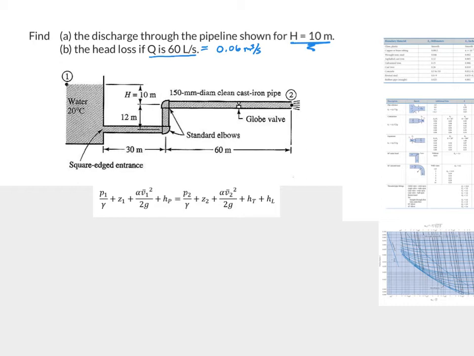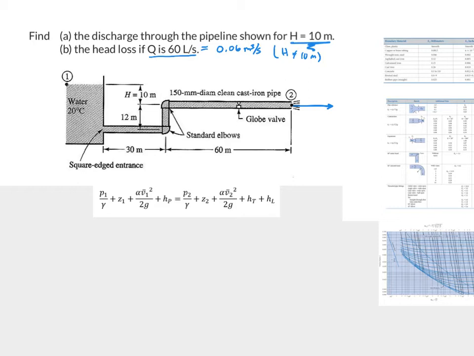That means H is no longer equal to 10 meters. So in this case, H does not equal 10 meters for part B. Obviously you can get pretty much any flow rate you want out of here, depending on how high you make H. If you make H 1,000,000 feet, you can have a tremendous amount of head loss, but you're also going to get a really high flow rate.